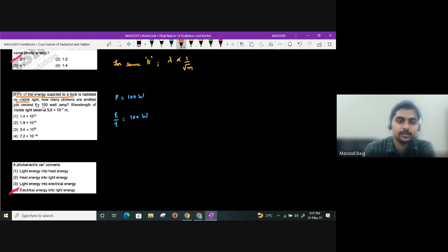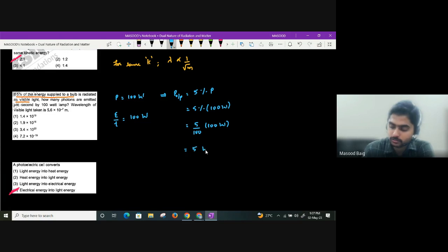So if the bulb has a power of 100 watt, this is your input power. So what will be the efficiency here? 5% only. So the output power will be 5% of the input power, which is 5% of 100 watt. What is 5% of 100 watt, beta? It is 5 watt only. Yes or no? So the output power that we are going to get will be 5 watt.